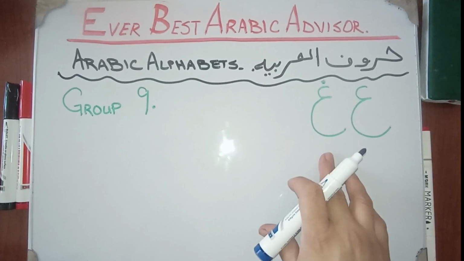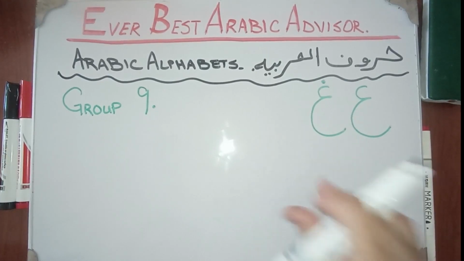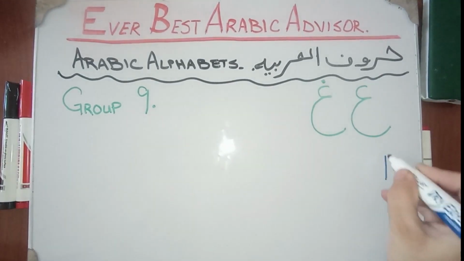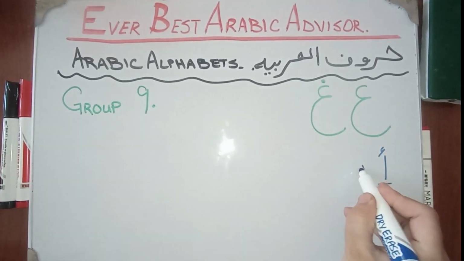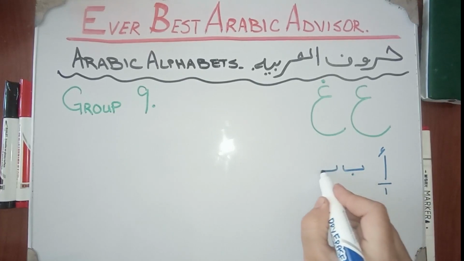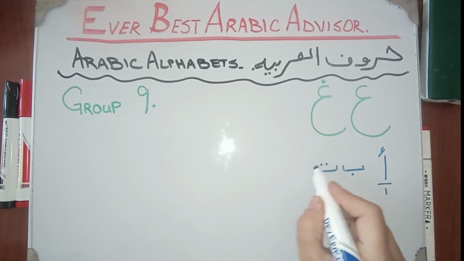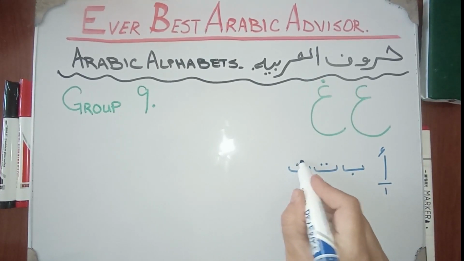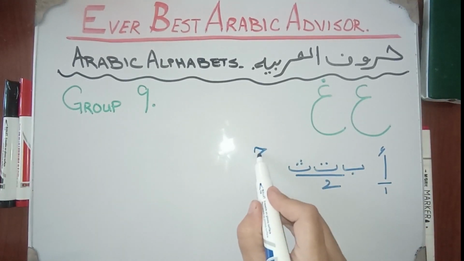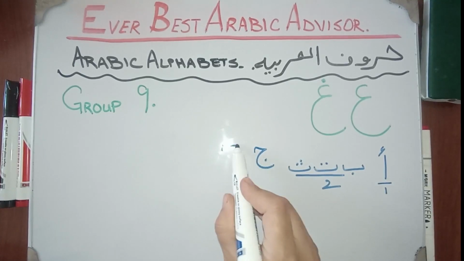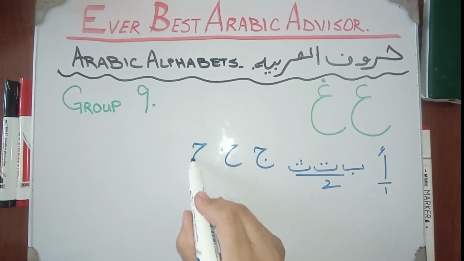But before this, let's have a look at how many letters we have done so far. In group number 1, we learned two letters, Alif and Hamza. In group number 2, Ba, Ta, and Tha, and Jeem, Ha, and Kha.